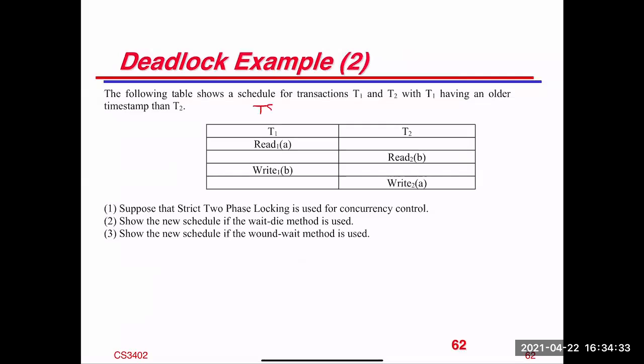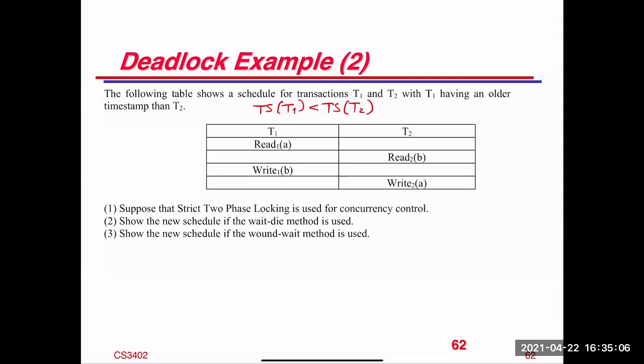So this holds. So we want to first see what we get if we just used strict two-phase locking for this schedule here, and then we want to look at what we get with the wait die method, and then for wound wait. Okay, so let's look at the schedule.